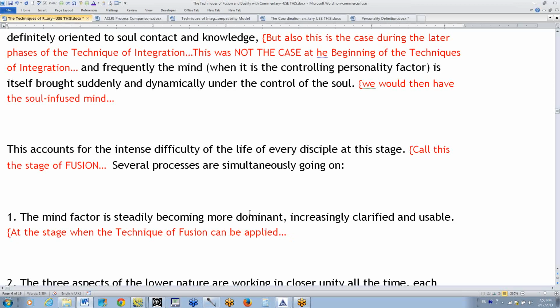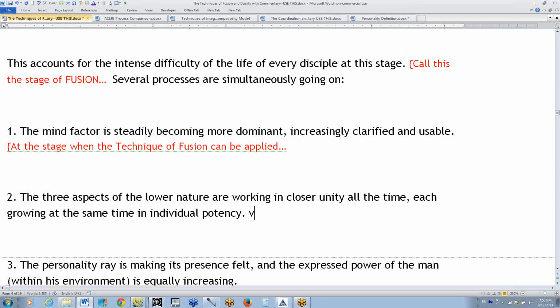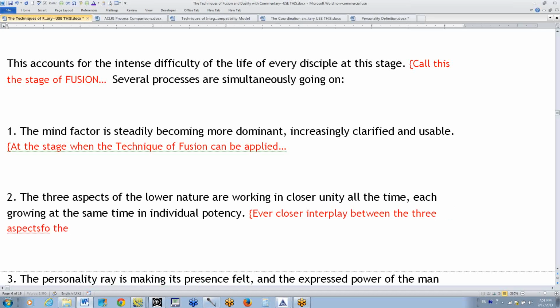The three aspects of the lower nature are working in closer, ever closer, unity all the time, each growing at the same time in individual potency. So ever closer interplay between the three aspects of the personality.